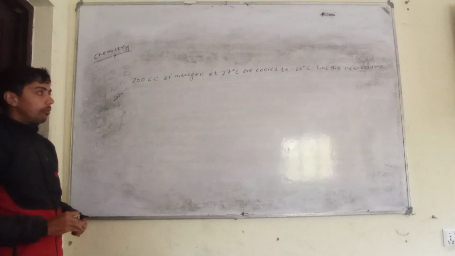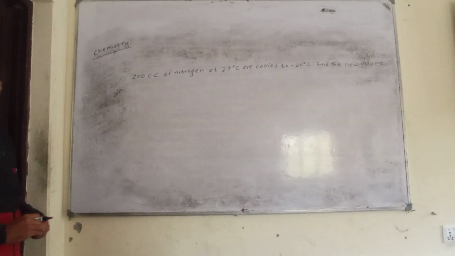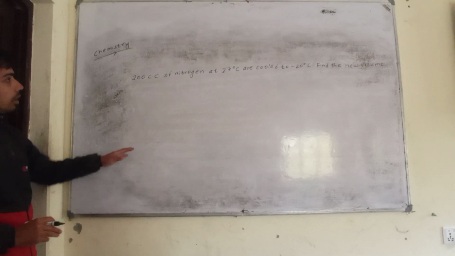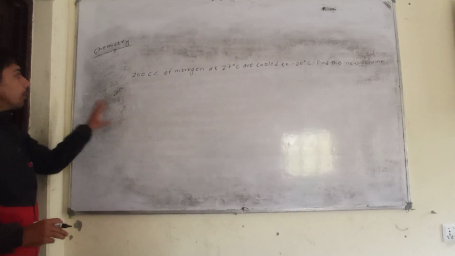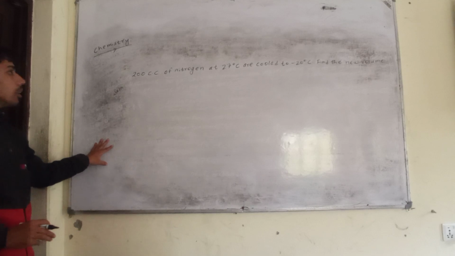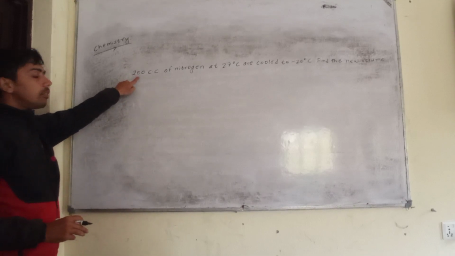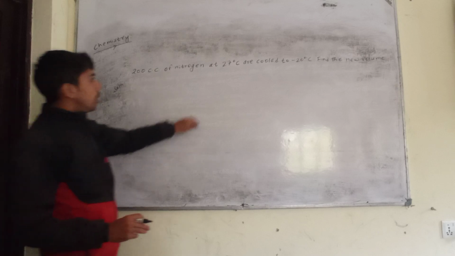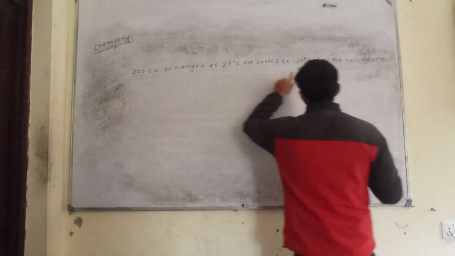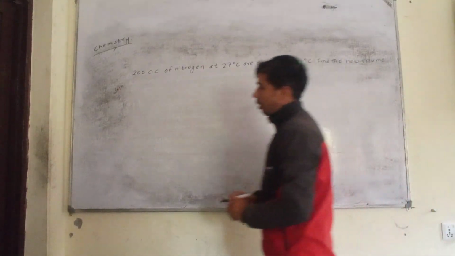So we need to understand from the question that the pressure is constant, because there is no value of the pressure given, but we have been given the two different values of the volume. Initial volume was given, the final value we need to find. Initial temperature was given and the final temperature is also given.